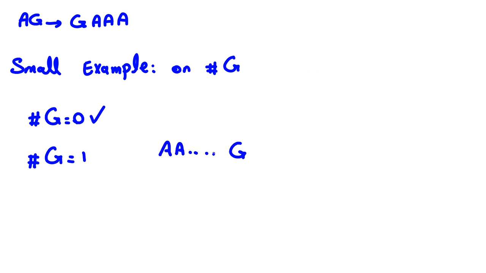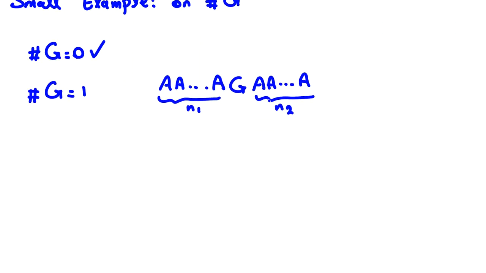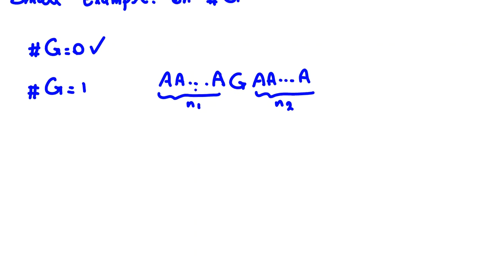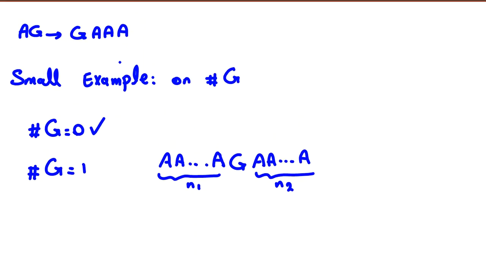Suppose you have some number of A's before G and some number of A's after G. Suppose here you have N1, here you have N2. Look, these N2 A's are useless. Why? Because you can only change AG to G and 3 A's. So in each step, if I apply this, I change, for example, this AG to G and 3 A's.